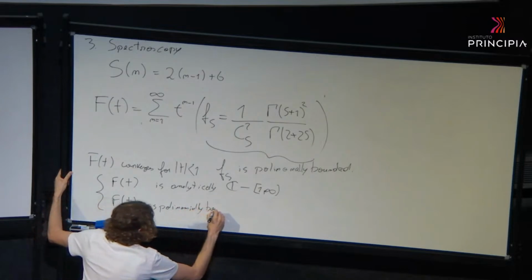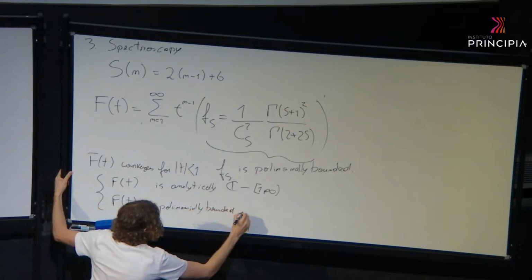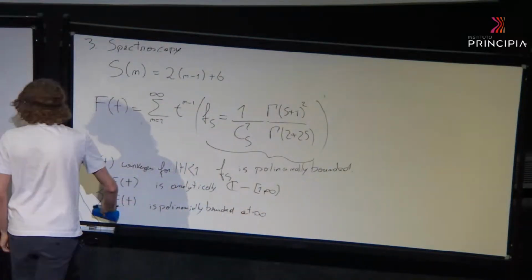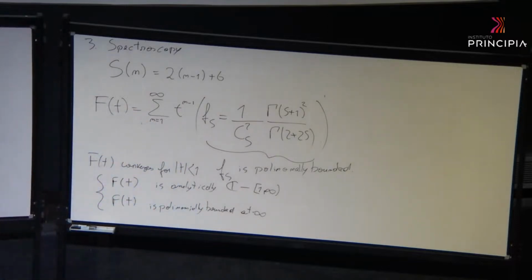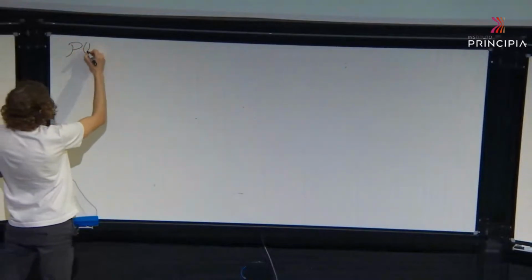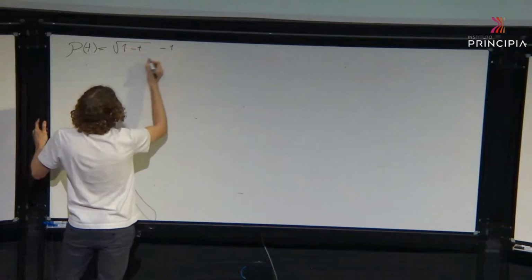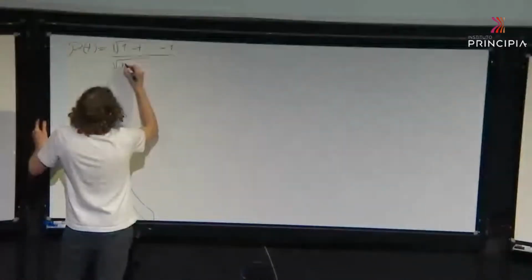At infinity, asymptotically. To see this, let's introduce this uniformizing variable rho of t, which is square root of 1 minus t minus 1 divided by square root of 1 minus t plus 1.